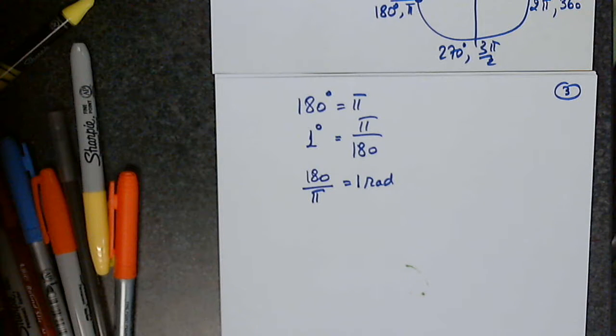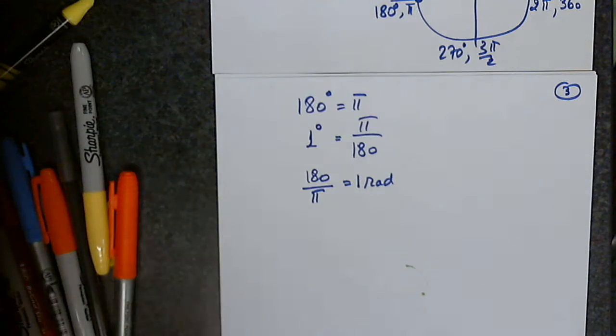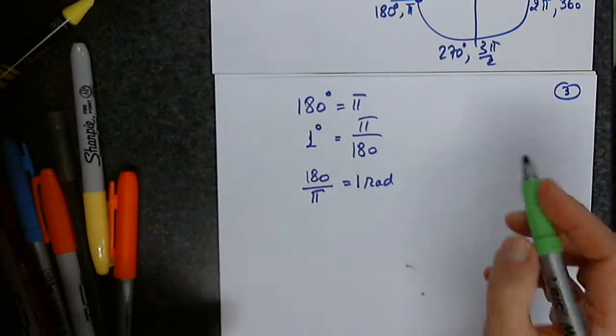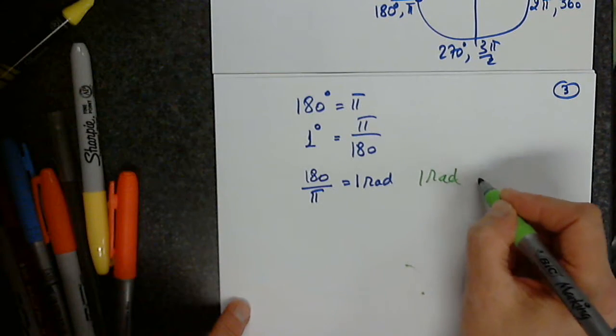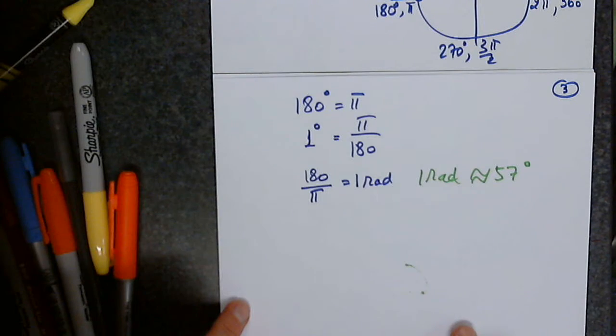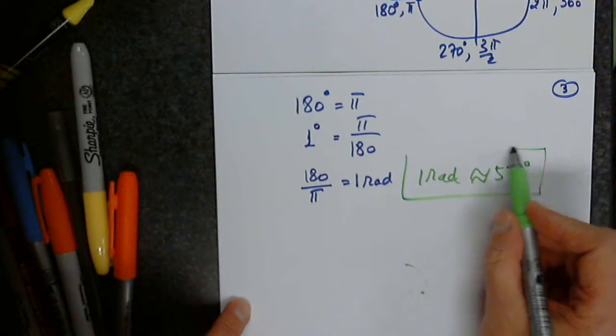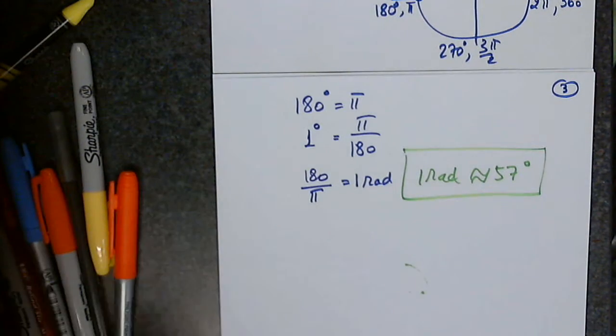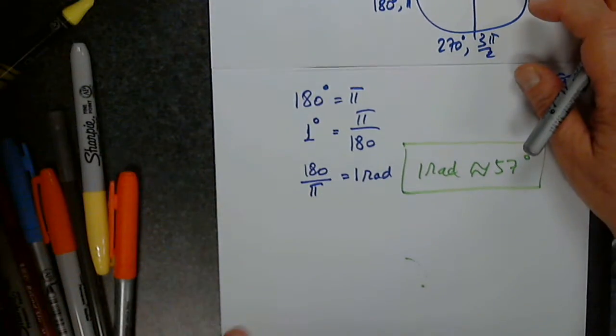And I would like you to remember that 1 radian is approximately how many degrees? A little bit less than 60. How many? 57. So please remember, this is what we divided. So 1 radian is approximately 57 degrees. It's useful to know this. I'm not going to test you on it, but it's useful to know when you check your work for whatever reason.